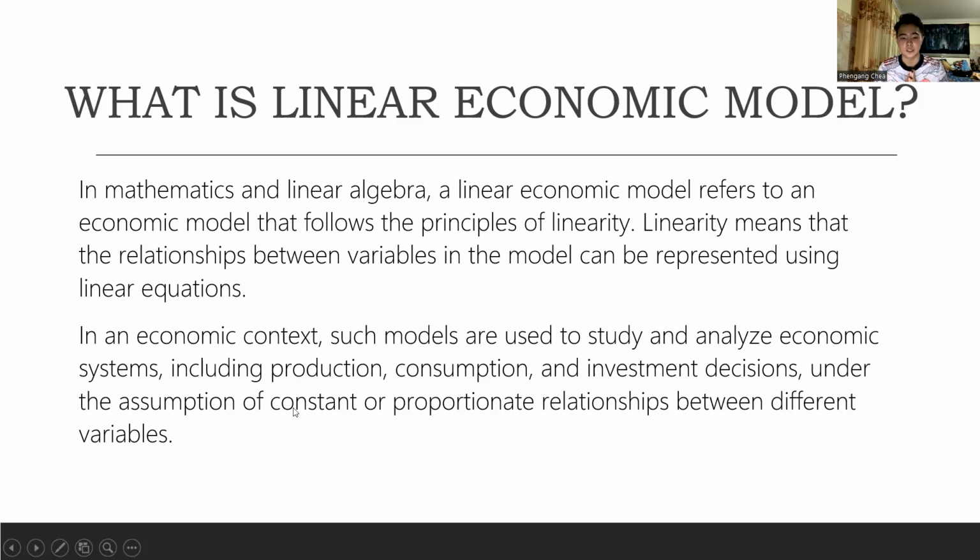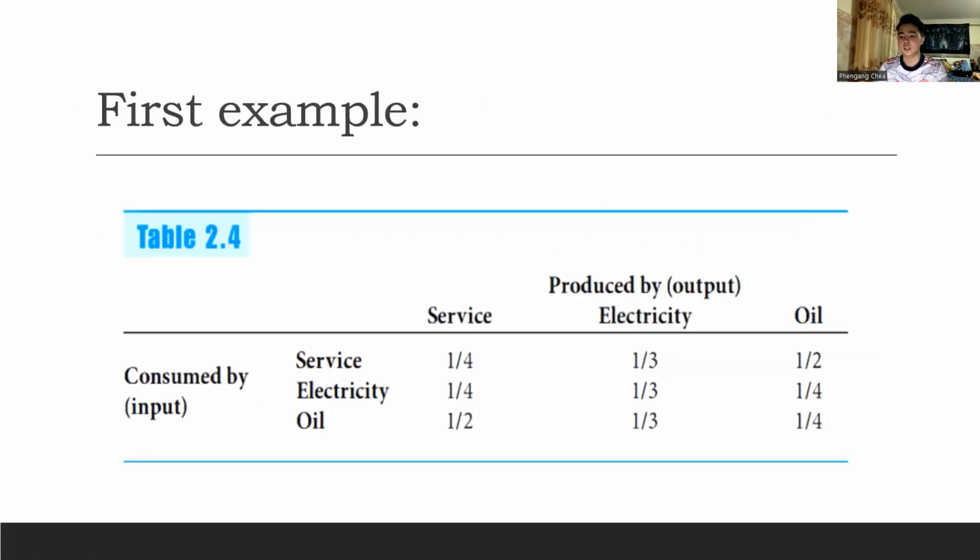So, in math and linear algebra, the economic model refers to the principle of linear algebra, where we have an input and an output. Now let's get into the first example to understand it more clearly. Here is the input of the three elements: service, electricity, and oil.